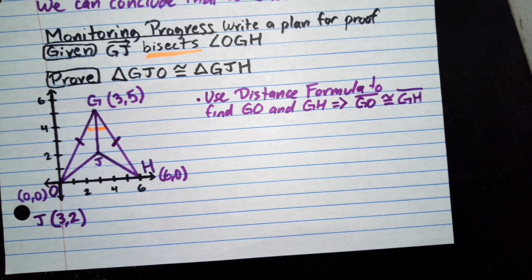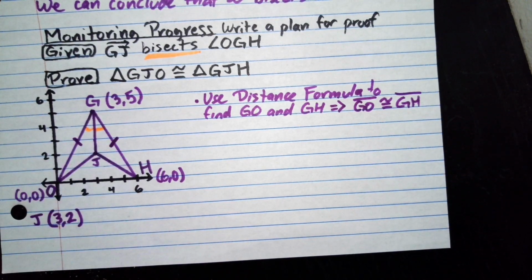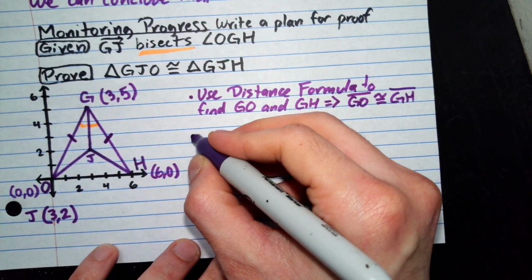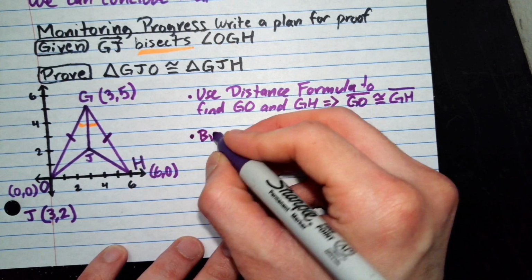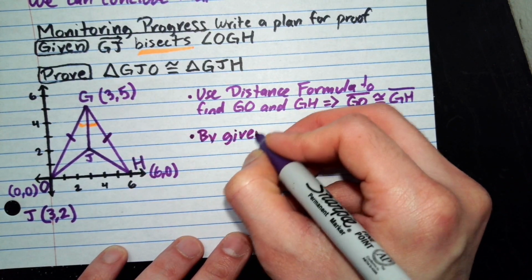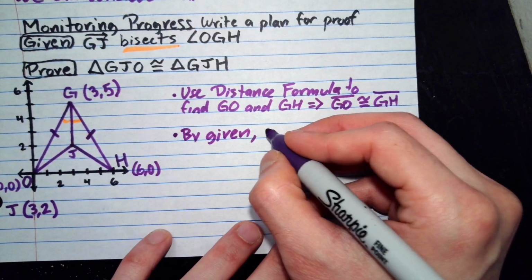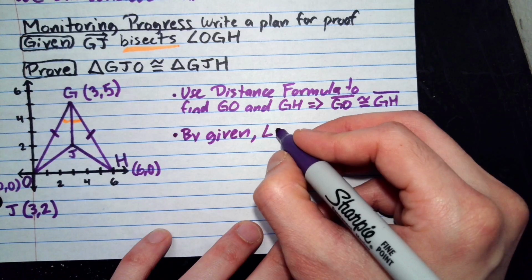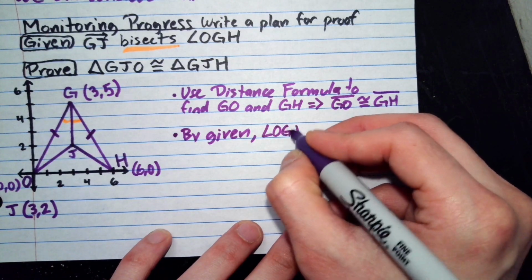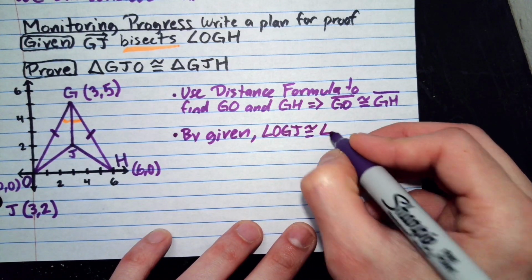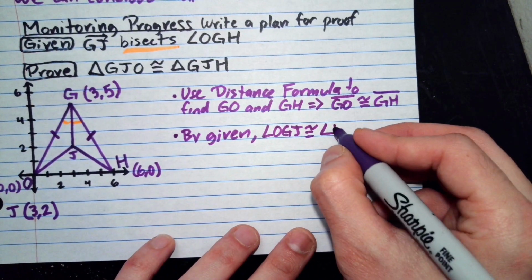But in fact, we already know that we do have those two triangles, right? And so by given, we have to deduce that angle OGJ is congruent to angle HGJ.